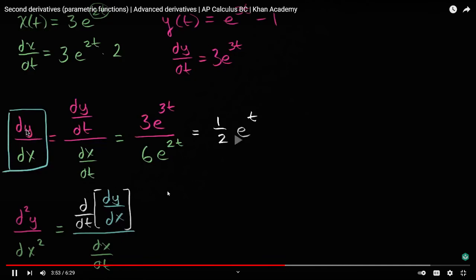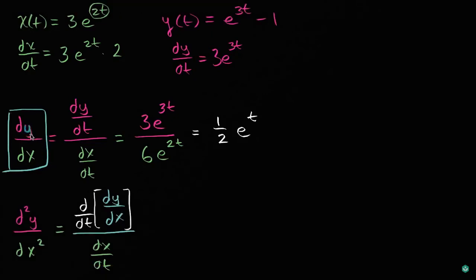All right, that's good. Think about what we did over here the first time. When we wanted to find the derivative of y with respect to x, we found the derivative of y with respect to t, and then divided that by the derivative of x with respect to t. Here we want to find the second derivative of y with respect to x.